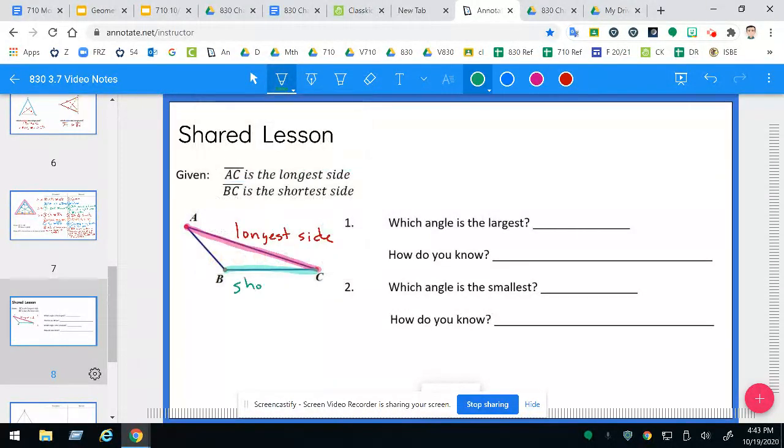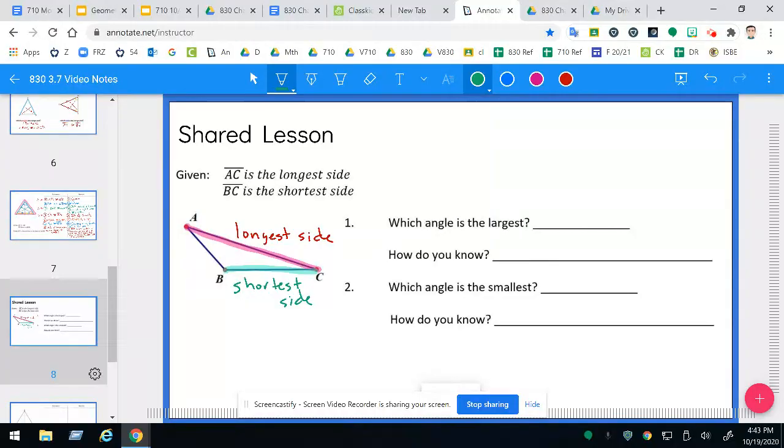Now we know by now in geometry, right? Don't believe your eyes. BC doesn't look like the shortest side, the way it's drawn, but that doesn't matter. We go by the givens. We don't go by what the diagram looks like. So the question we're asking right now is which angle of this triangle is the largest? And we're also going to ask which angle is the smallest.